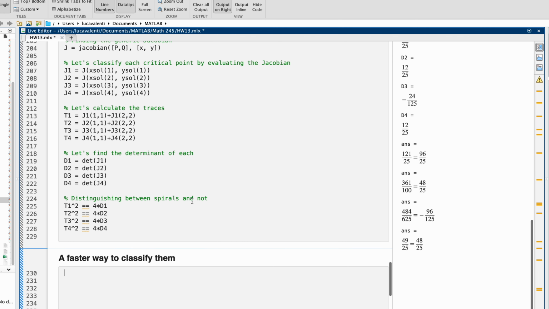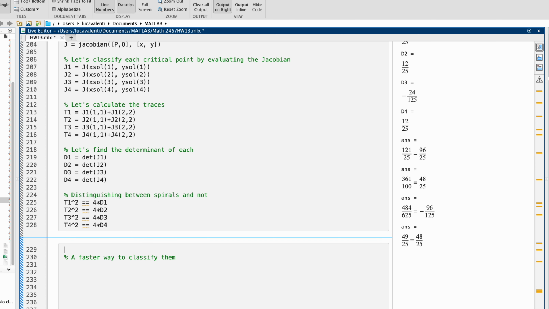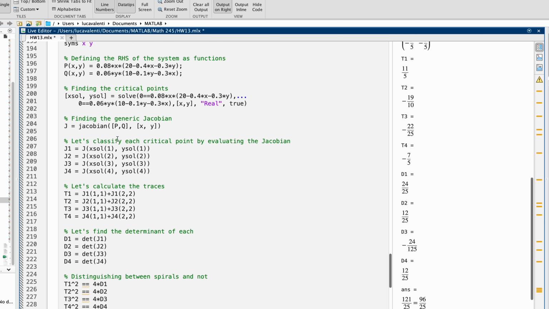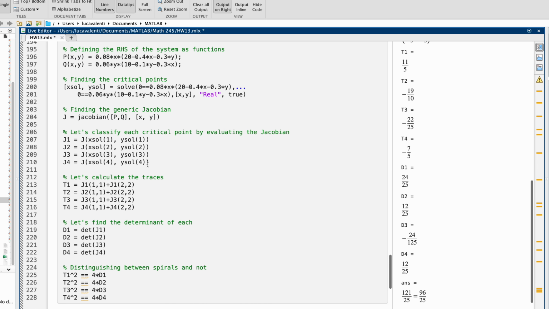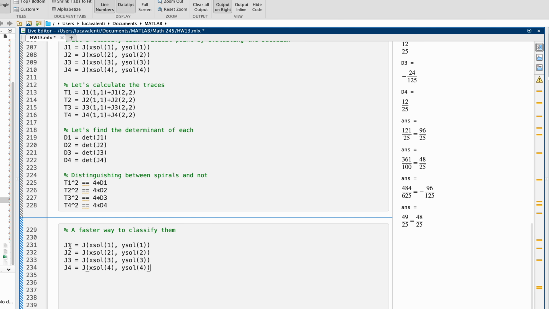would have been, and I didn't want to do that. A faster way to classify them would have been to simply, from this, simply find the eigenvalues.